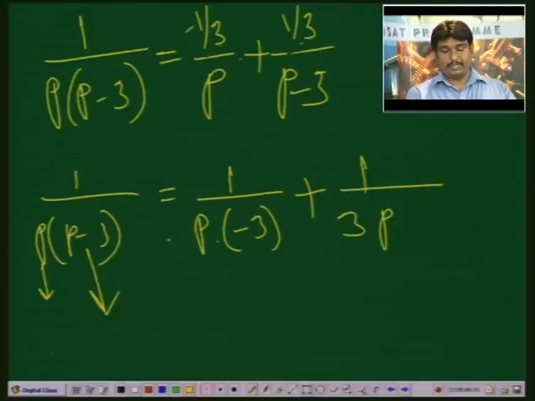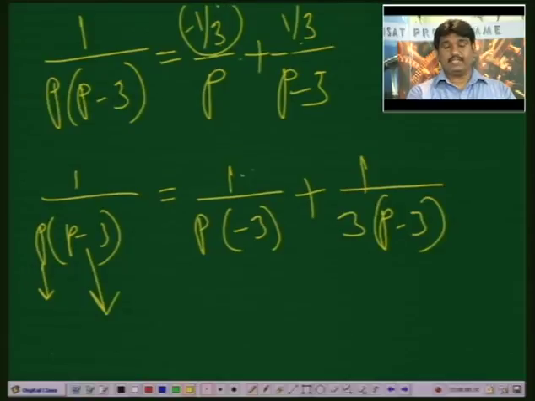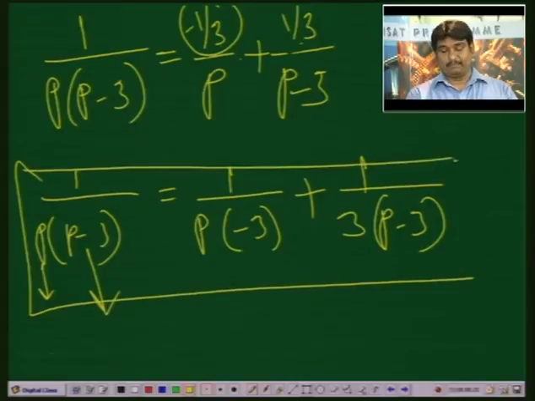So when I substitute p as 3, I will get 3 into p minus 3. So as explained here, a is minus 1 by 3 and b is 1 by 3. So you can easily write this in one step. 1 by p into p minus 3 equals to minus 1 by 3 divided by p plus 1 divided by 3 into p minus 3.